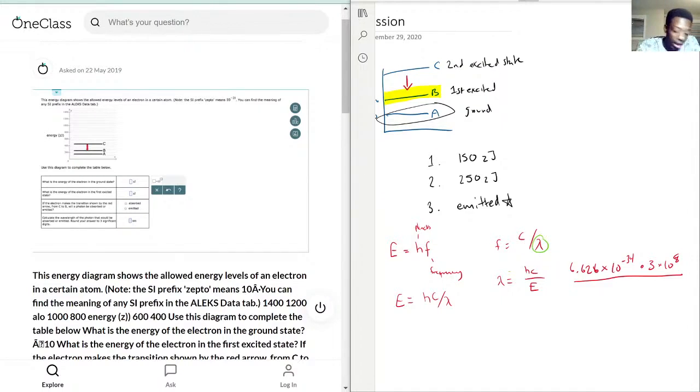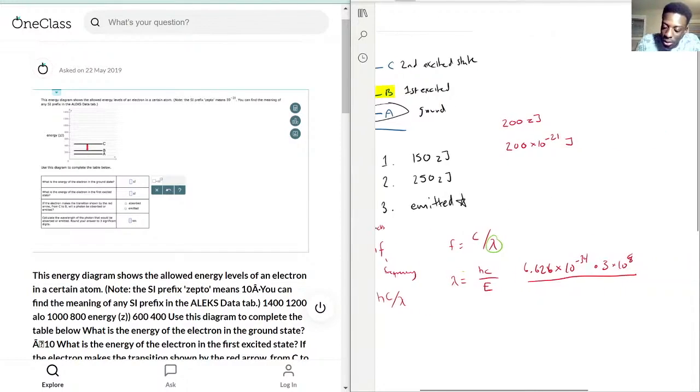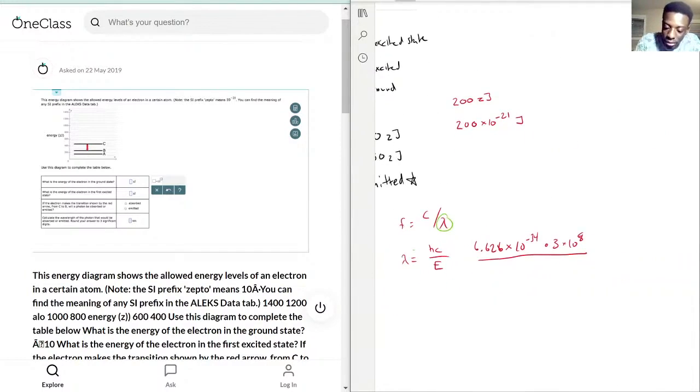The way we find that energy is because we have 450 and 250 zeptojoules, meaning the difference is 200 zeptojoules. Remember zepto is 10 to the negative 21. So really we have 200 times 10 to the negative 21 joules. In fact, you can move these decimals and you get 2 times 10 to the negative 19 joules. So we can put that down here.